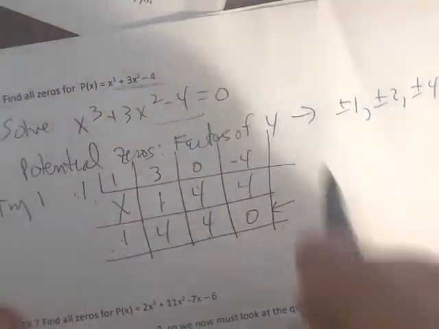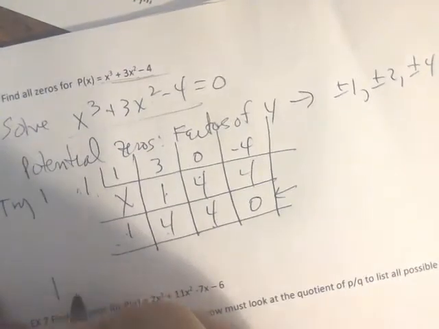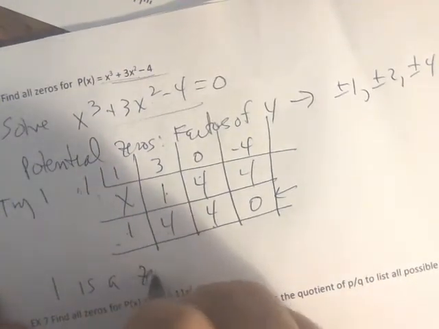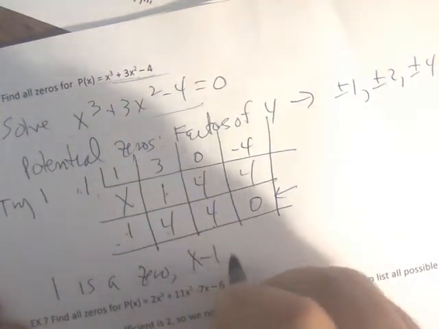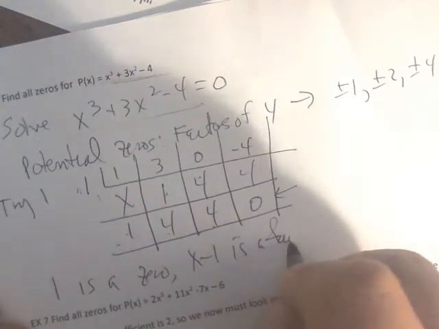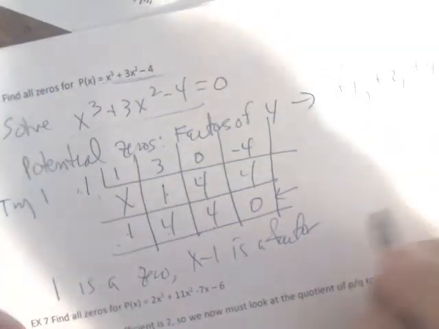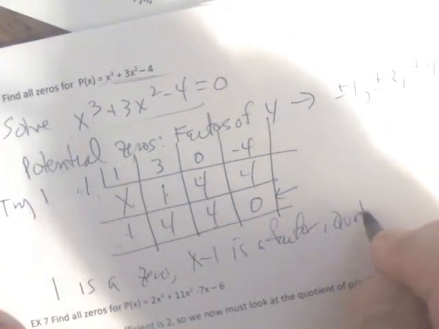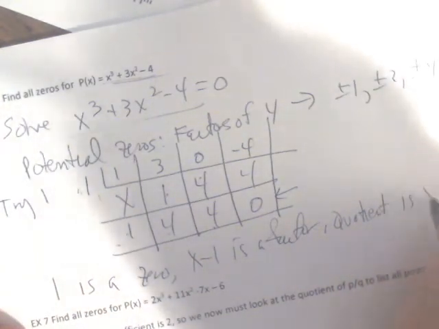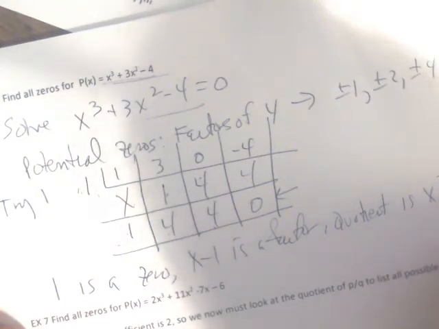Okay? So, 1 is a 0. x minus 1 is a factor. My quotient is x squared plus 4x plus 4.